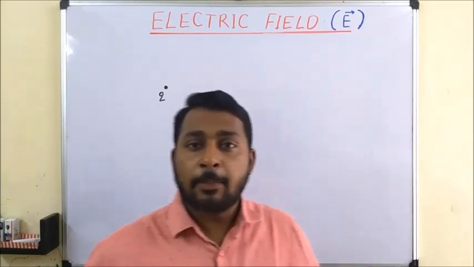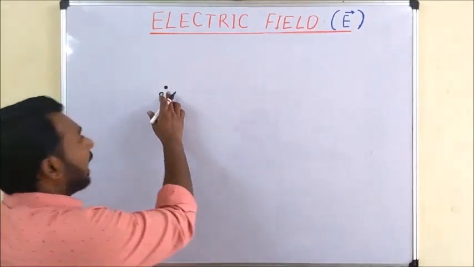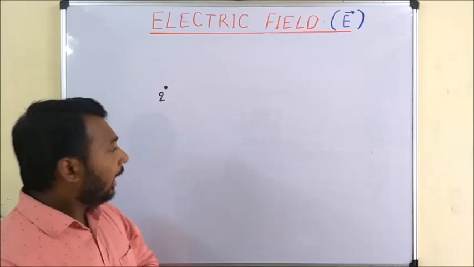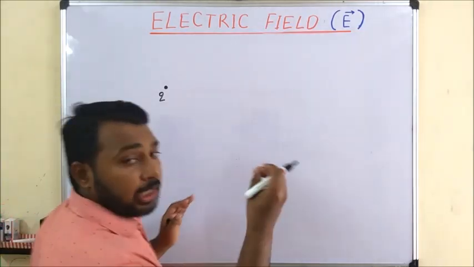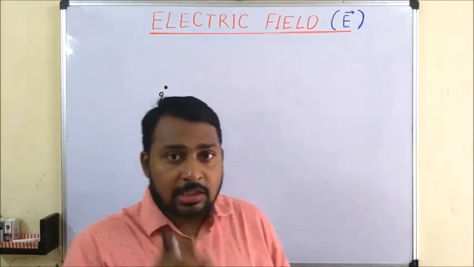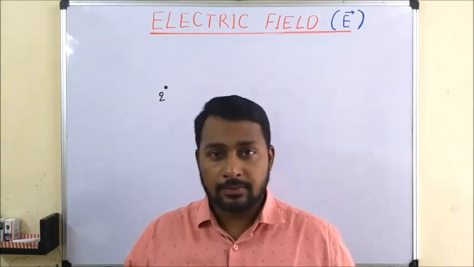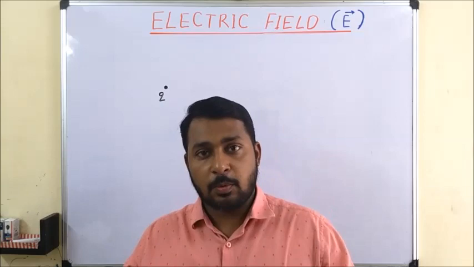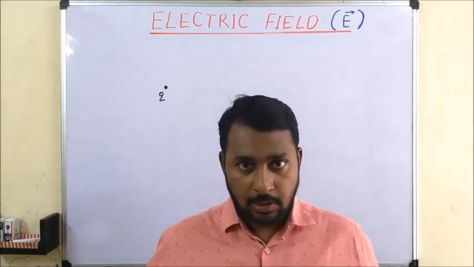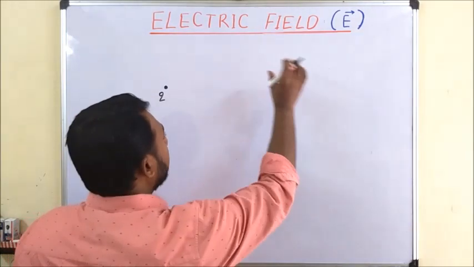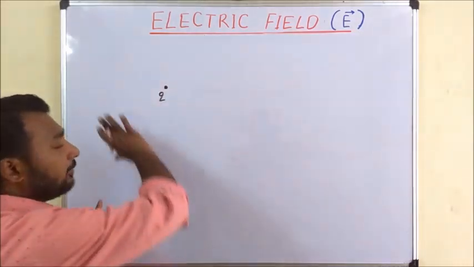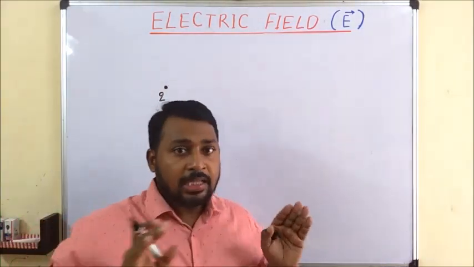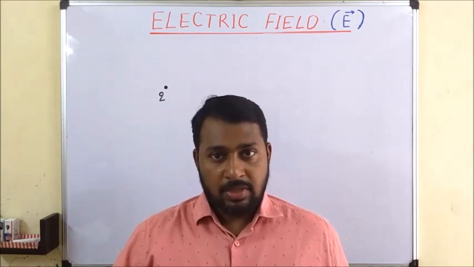Let us consider a point charge Q. A single charge cannot make a force on itself. So in order to experience a force, we need one more charge. If we bring a charge anywhere around this charge, there will be a force.